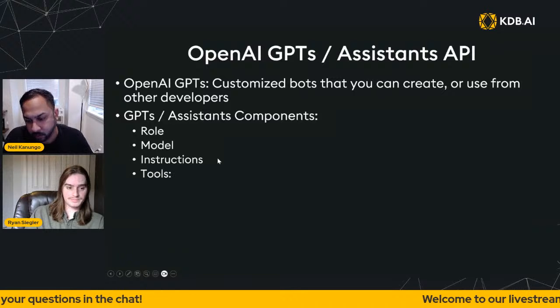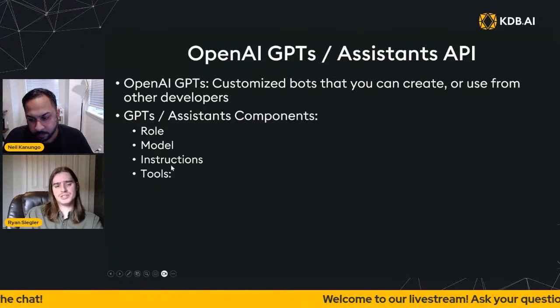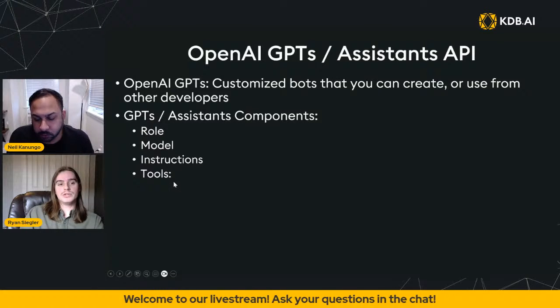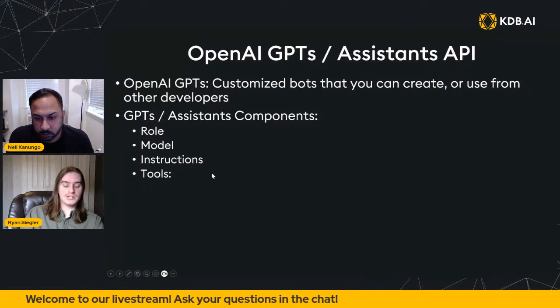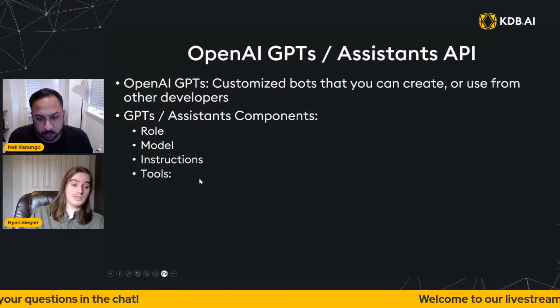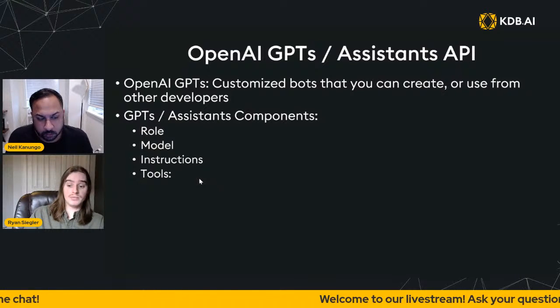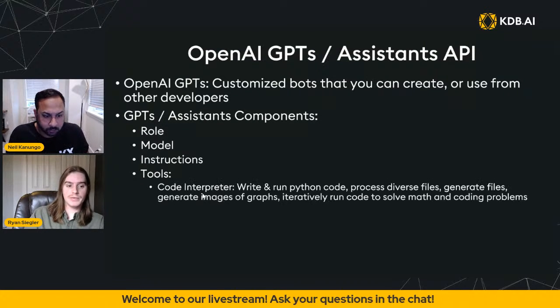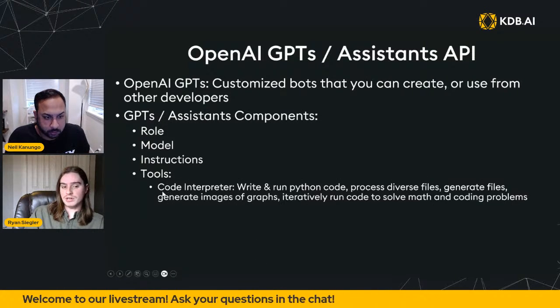But where this relates to agents a little bit more is you can give your GPT or your assistant access to certain tools. You can give it the ability to perform web searches, for example. That's one thing you can do. But you can also give it access to tools like a code interpreter.